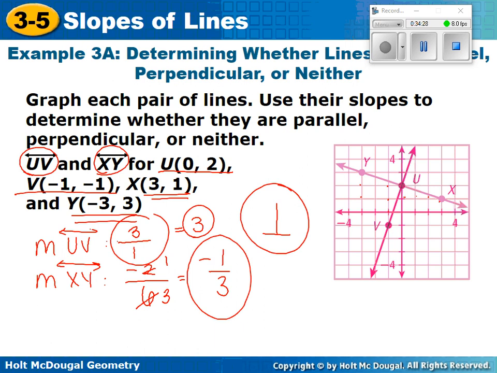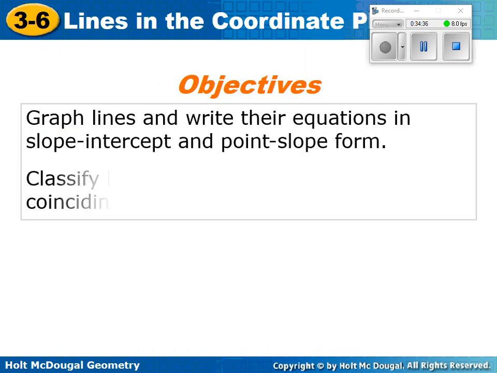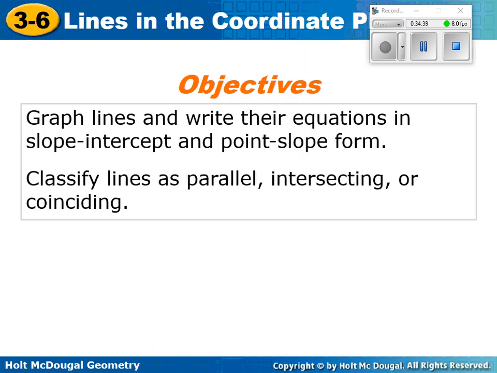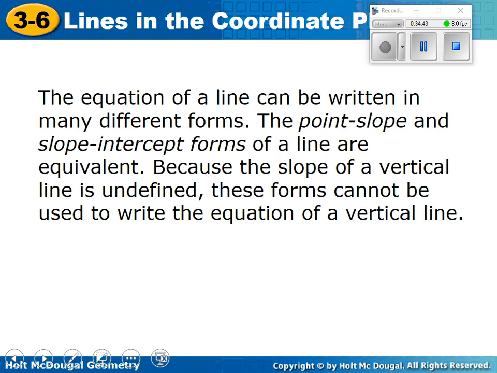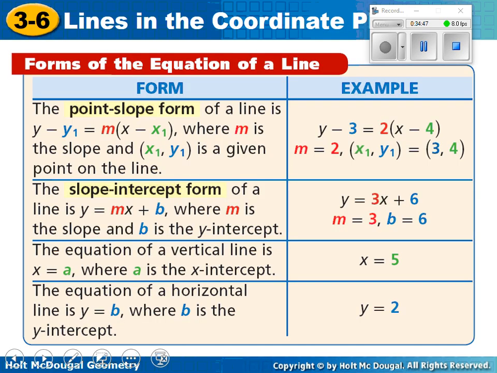Okay. Again, I'm going to go through the notes pretty quick and just hit the examples since we made a very good review on the board. So here's the chart in your notes that has everything in it with point slope form, what that looks like.